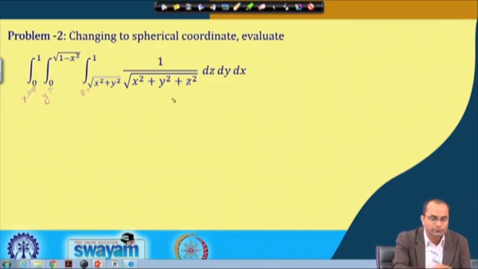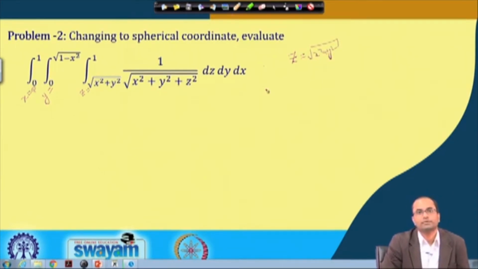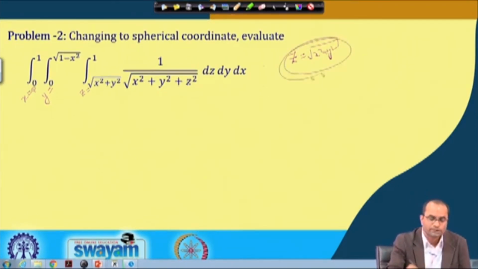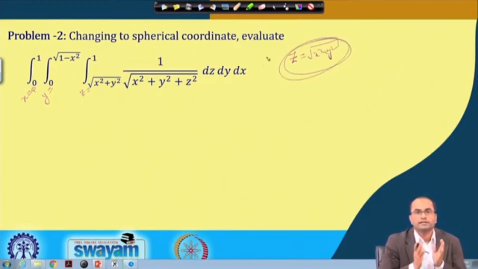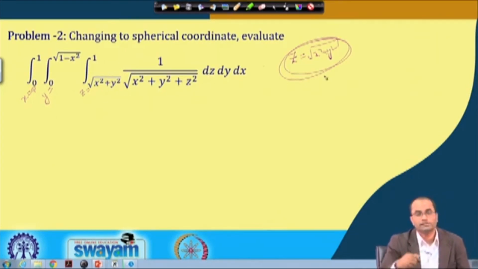Here z is equal to x square plus y square, that is the first, the innermost one. So, z square is equal to x square plus y square. This is nothing but the equation of a cone. So, in the direction of z, we are going from this cone.